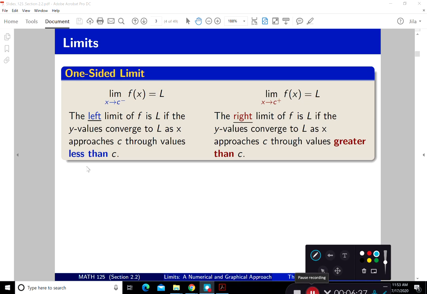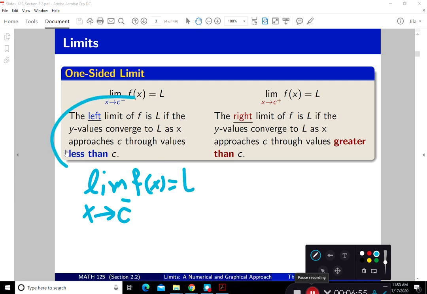It sometimes helps to see how these things are written. So I start with the limit as x approaches c from the left of the function f of x is equal to L, if this is satisfied, and the other one is the limit of f of x as x approaches c from the right side is equal to L. This is the right-hand side limit, and this is the left-hand side limit.